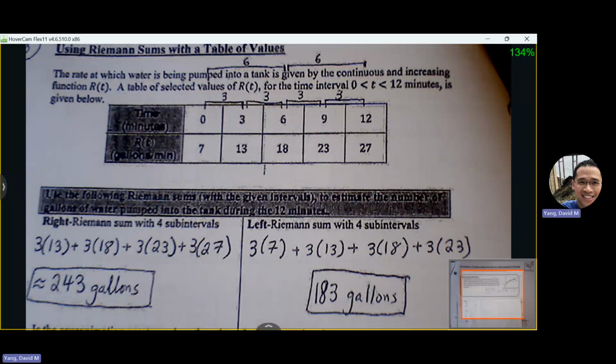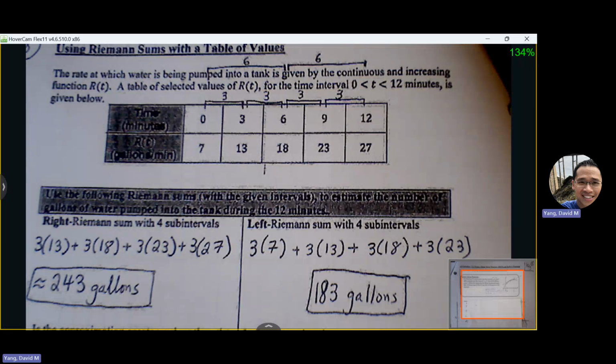So first trapezoid will be 1/2 times 6. And it's going to be what? What heights do we want to use? 7 and 18. Good, 7 and 18. Then 1/2 times 6 and 18 plus 27.